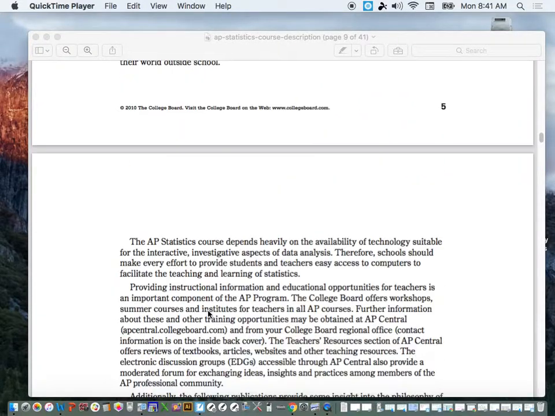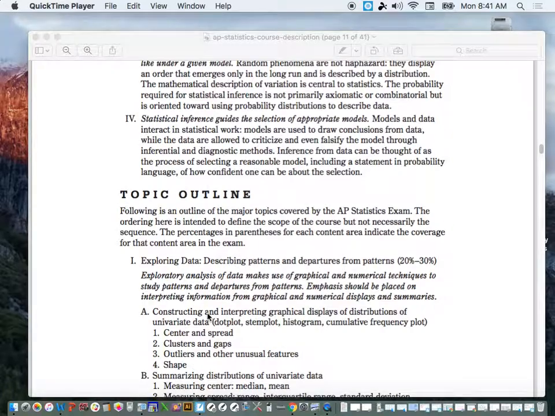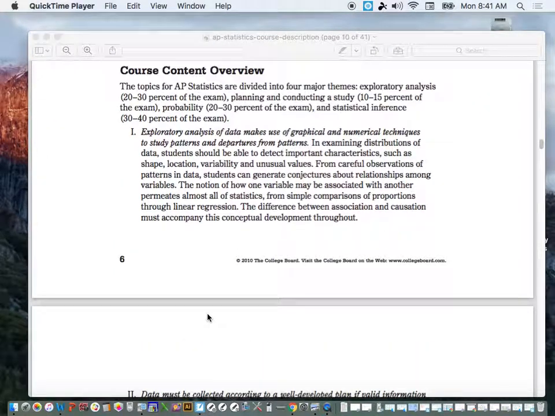So the way it breaks down, where is it? Here we go. Exploratory analysis, looking at distributions of data, describing data, that sort of thing, that's about 20 to 30% of the exam.